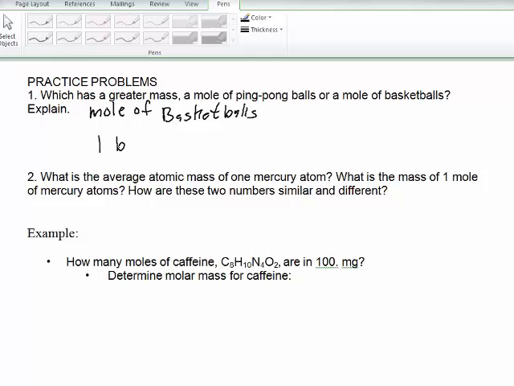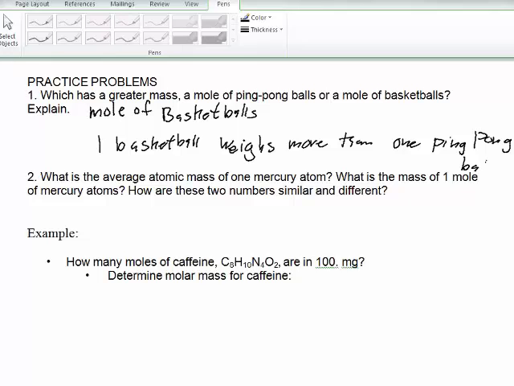Well, one basketball weighs more than one ping pong ball. And this is the same thing with molecules. Most molecules have different weights. So if we want to have the same number of molecules, we need to weigh them out in terms of a mole, not in terms of grams.